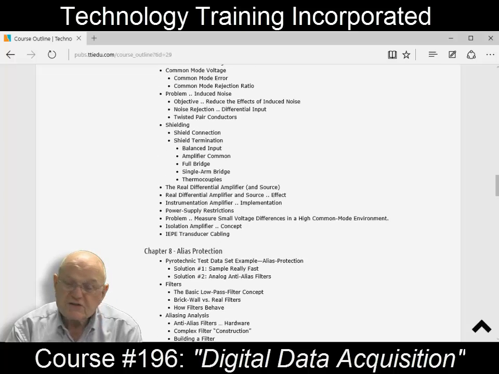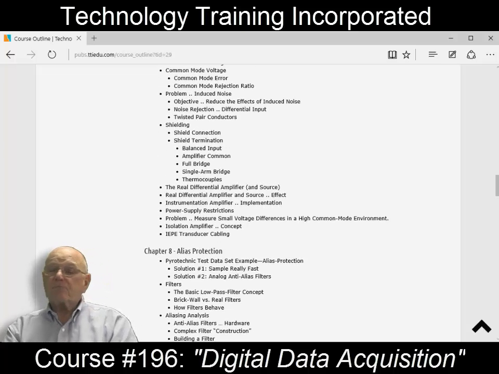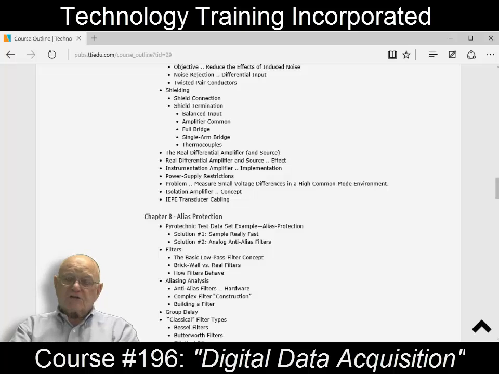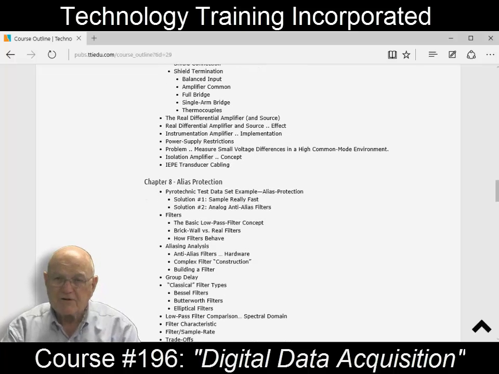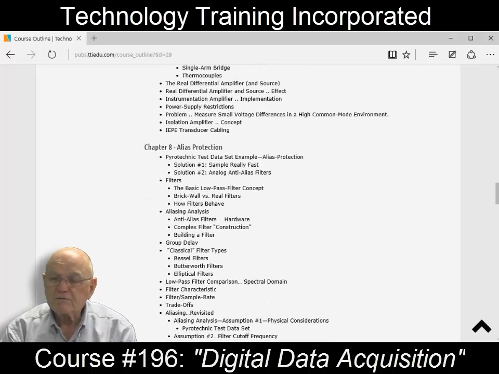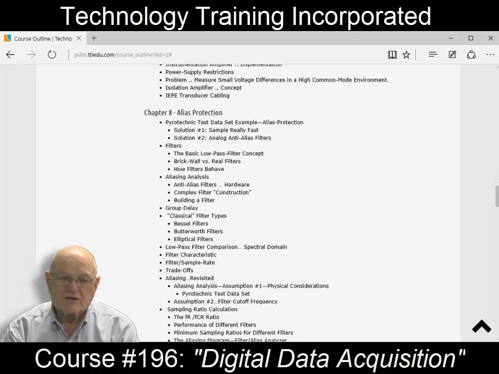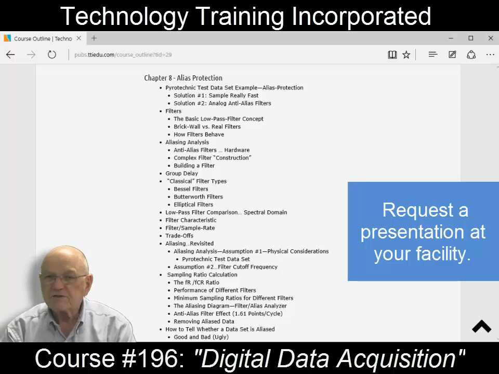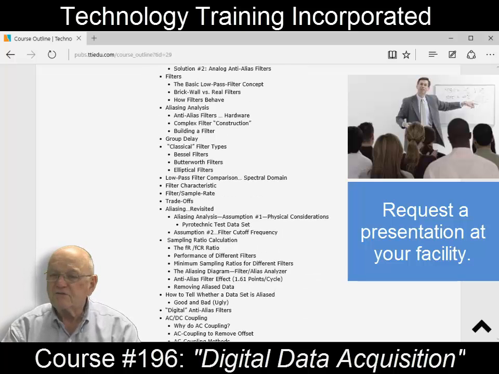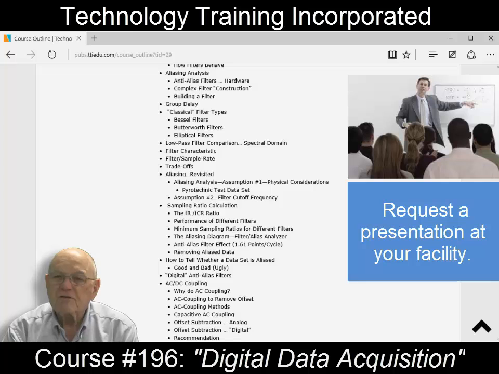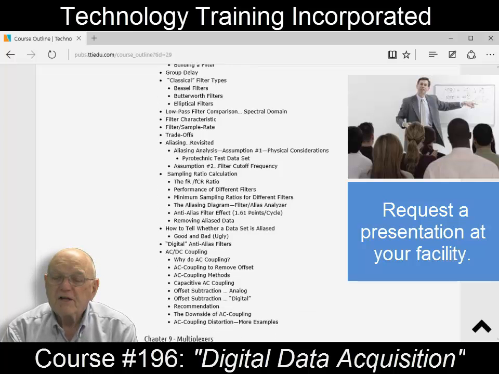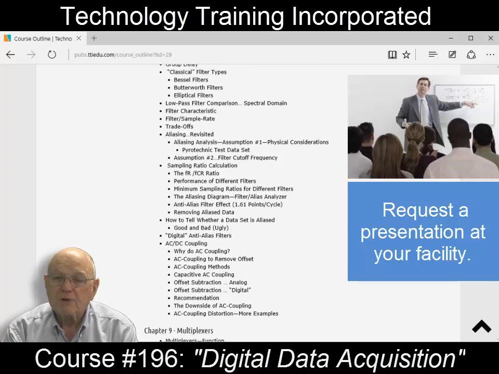We look at digitizing theory, which is pretty important today because just about everything made today, your cell phones, smartphones, your instrumentation, oscilloscopes, voltmeters, spectrum analyzers, no matter what it is, it's done with a data acquisition system. It's no longer the true analog components.